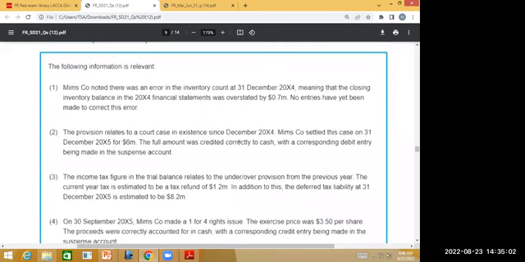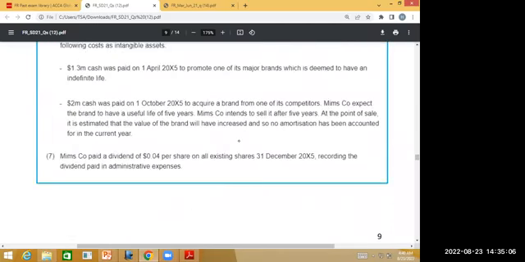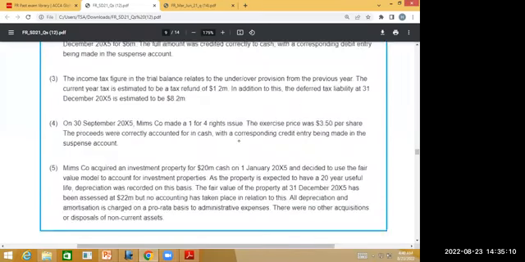The rights issue has already been recorded now. Let me check. No, we didn't record the rights issue yet. So you need to add the rights issue as well.